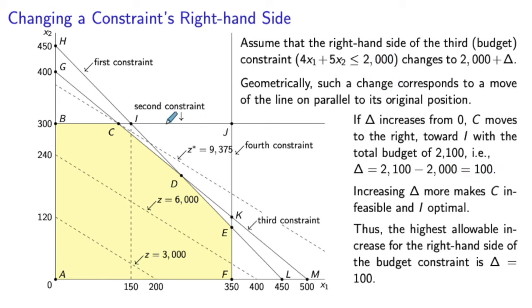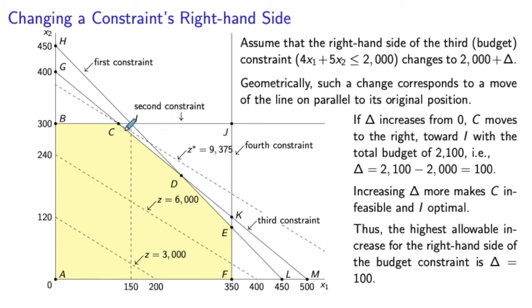And then increasing delta over 100 will make the point C, which is on the intersection of the second and third constraint, infeasible because it's going to be to the right of I and the first constraint will not be satisfied. Therefore, this was the highest allowable increase of the right-hand side of the third constraint, such that the previously optimal solution still remains feasible and thus optimal.